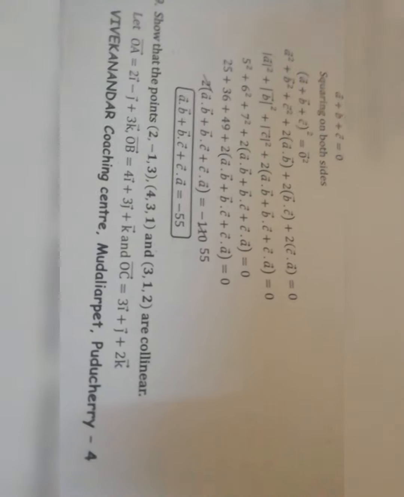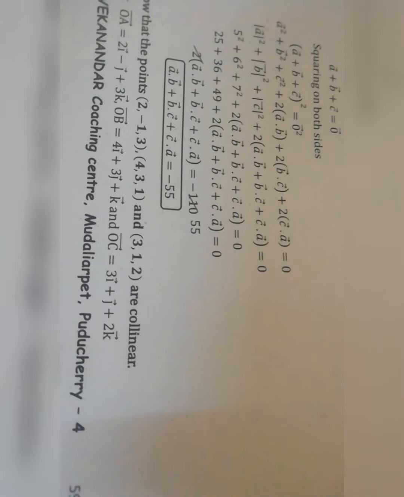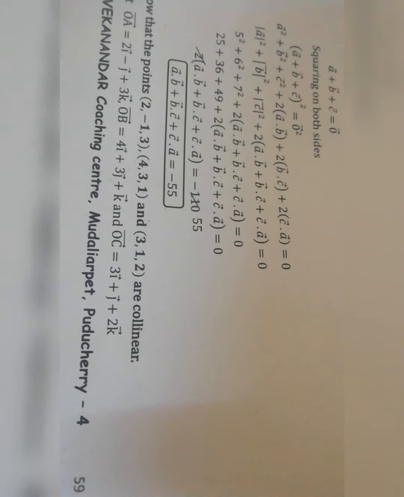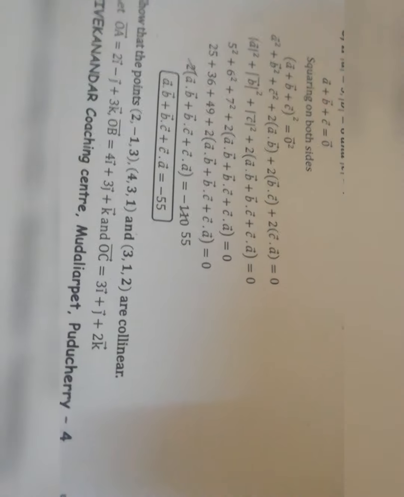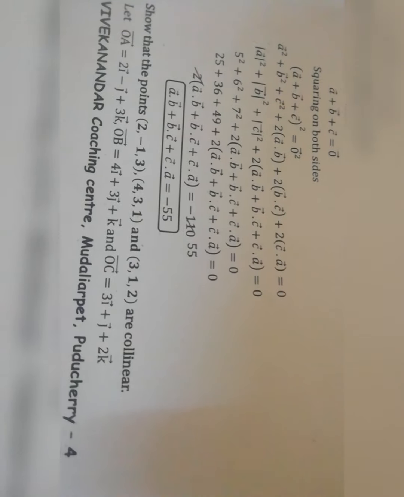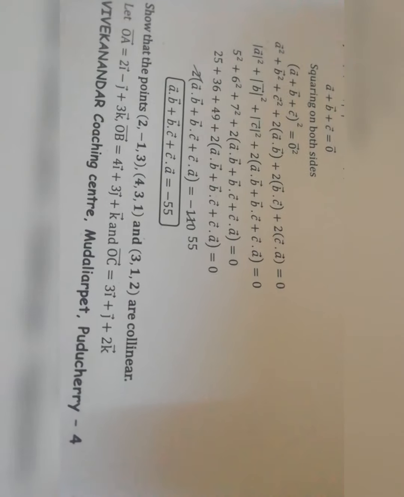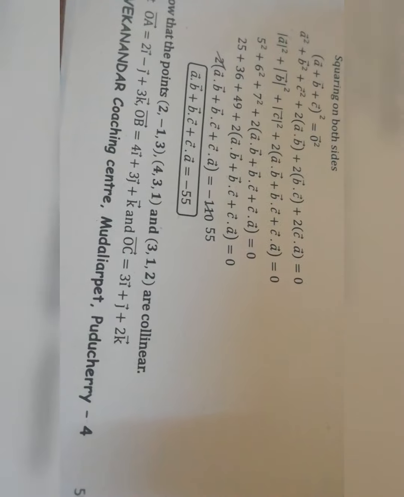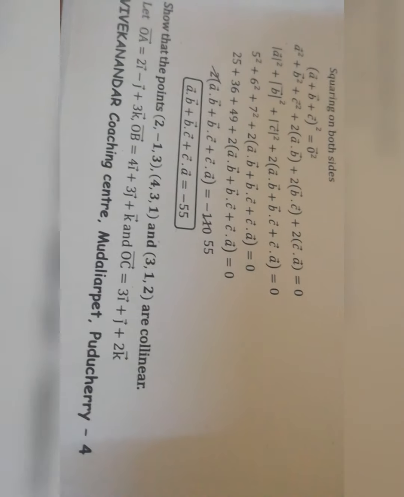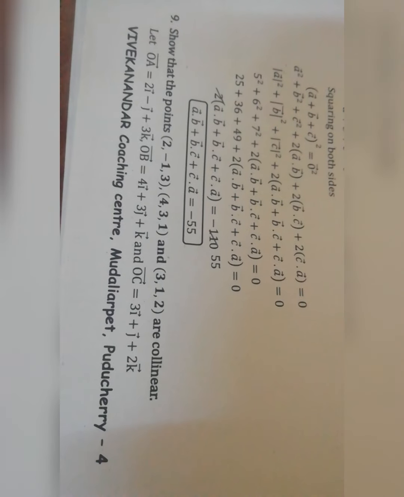Now we can take the modulus of a vector square plus modulus of b vector square plus modulus of c vector square, and 2 is common for the three dot products, a vector dot b vector plus b vector dot c vector plus c vector dot a vector. If we take, 2 is common. Now we can substitute the values. What is the modulus of a?